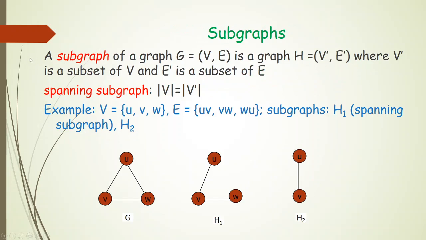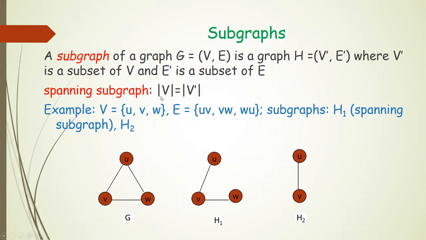Okay, now what is a subgraph of a graph? Basically, it is a graph H. For example, you have a graph G equals this pair V, E. So a subgraph of G is a graph H, which is equal to a pair V prime, E prime, where V prime is a subset of your V and E prime is a subset of E. Now, in particular, if the vertices in H are all the vertices of G, then we say that subgraph is a spanning subgraph.